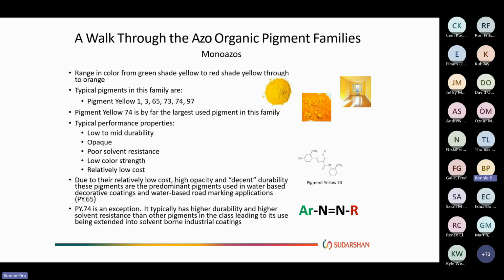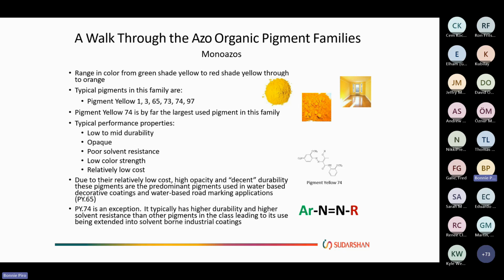So the most basic is the monoazos. These are chemistries that have a single nitrogen double bond that signifies the azo chemistry. Some typical color indexes are the yellow 1, as I mentioned, yellow 3, 65, and 74.